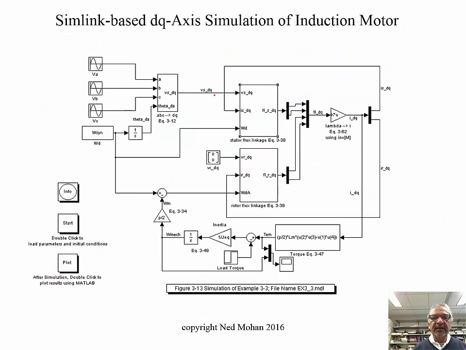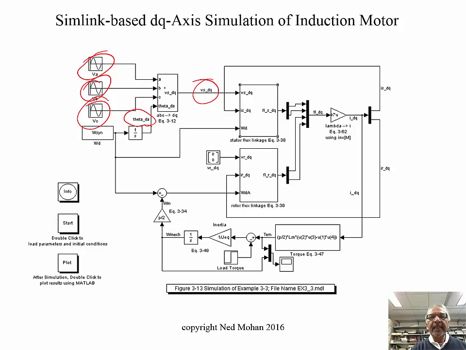Okay, so this is what is shown in this Simulink-based simulation here. We have these 3 voltages coming in, and then we need to know theta dA. That is coming back from feedback, but we need theta dA in order to transform these ABC voltages into VSD and VSQ.